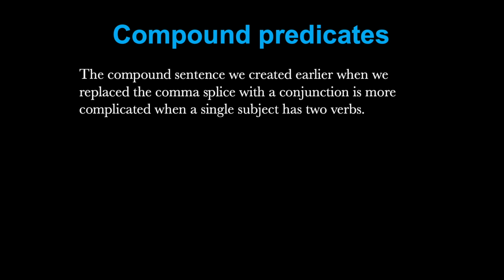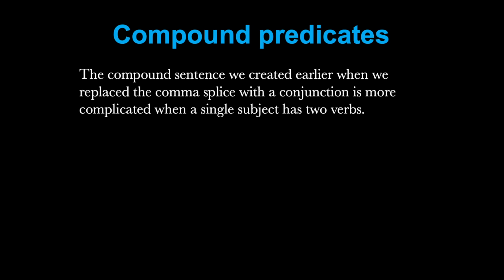A compound sentence is one where we join together different clauses. We made a compound sentence earlier when we replaced the comma splice with the conjunction. And it's further complicated, however, when we're dealing with a compound sentence where there's a single subject with more than one verb.